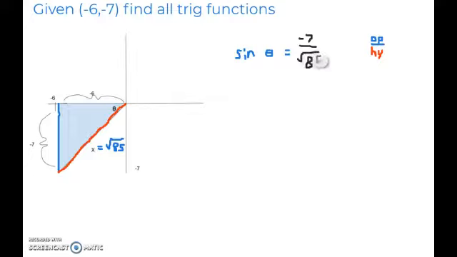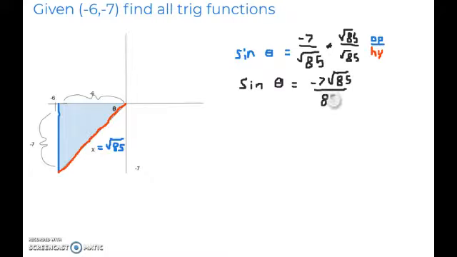But that's not the correct way to write it, because you can't have a square root in the denominator, so you multiply it by the square root of 85 over the square root of 85 to get rid of the square root in the denominator. And so sine of theta equals -7 square root of 85 over 85.